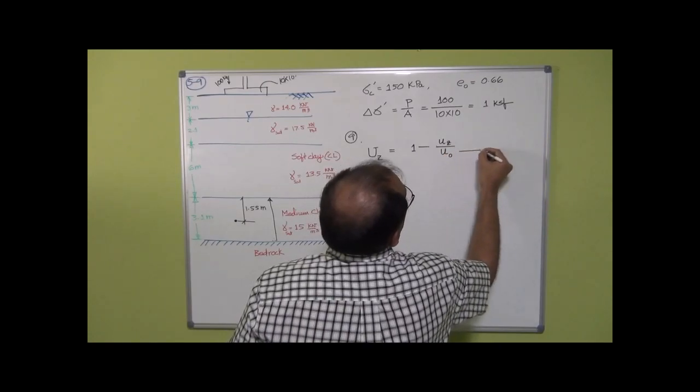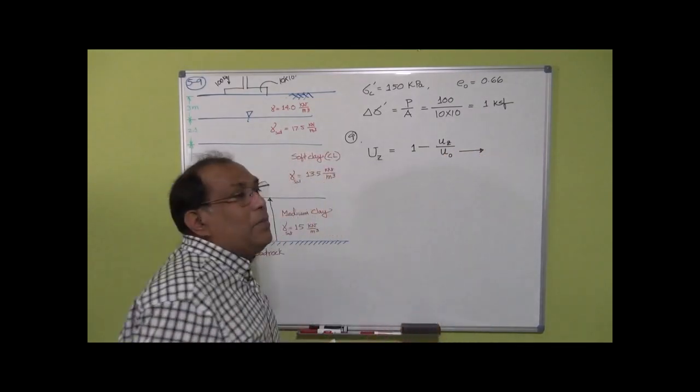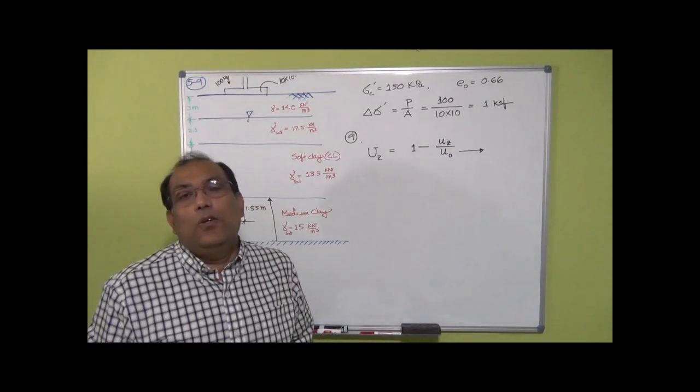So U naught is the initial pore water pressure at time t equal to 0.